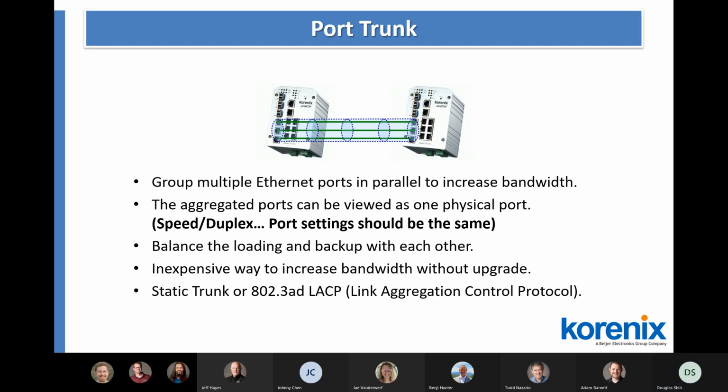And please notice that if you want to use the port trunk, the speed and duplex port settings should be the same on the two ports. And once you use the port trunk, they will balance the loading and back up each other. This is an inexpensive way to increase the bandwidth without upgrading equipment.